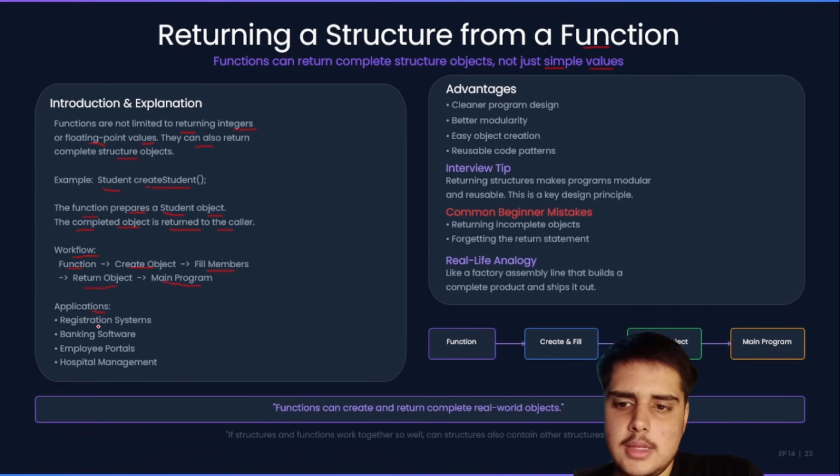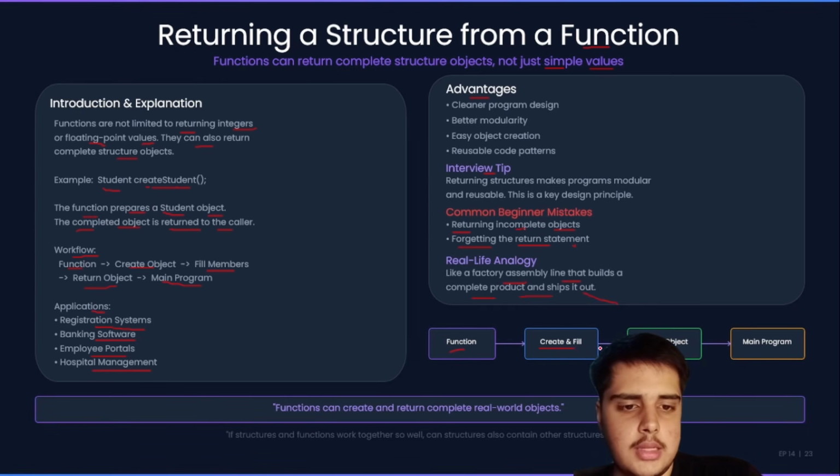Applications include a registration system, banking software, employee portals, hospital management. There are so many applications. Advantages you also know, interview tip you also know. A common beginner mistake I should tell you: returning incomplete objects and forgetting the return statement. You can take a factory assembly as a real life analogy: it builds a complete product and ships it out.